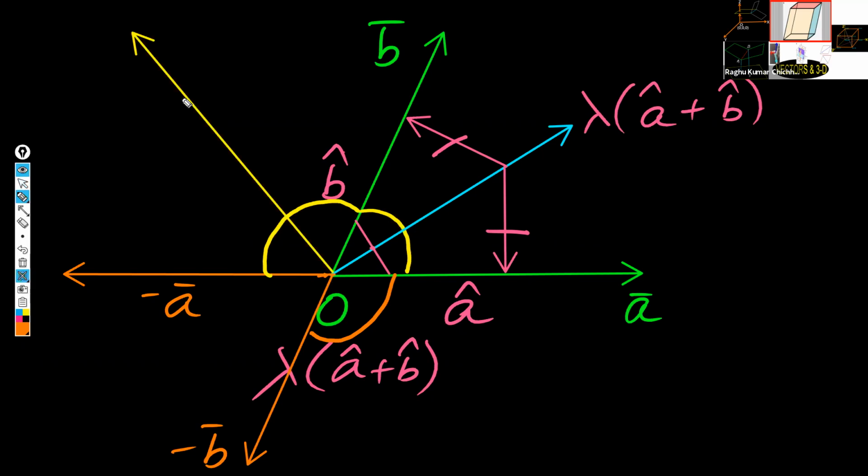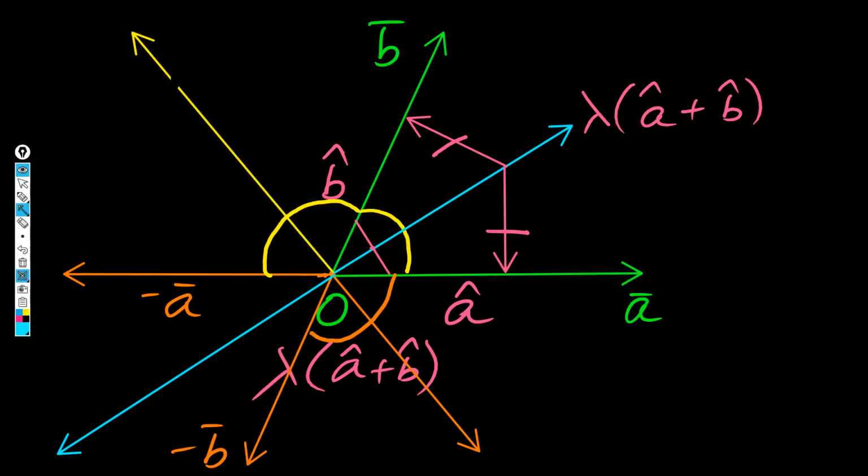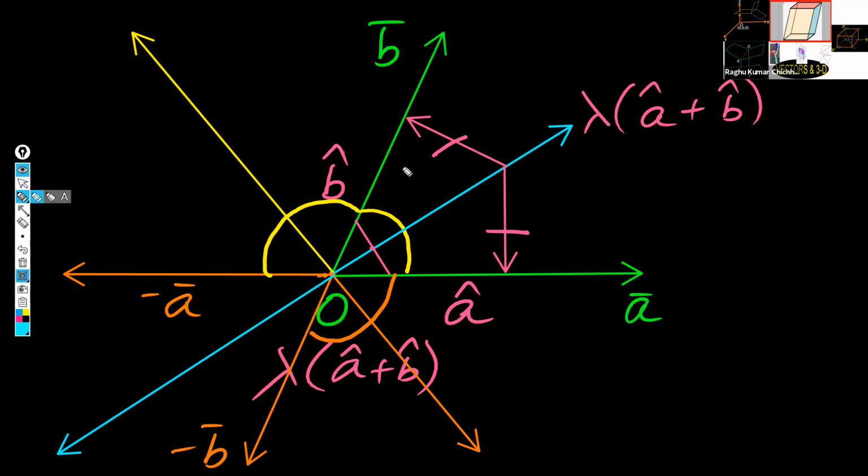So here, what happens now in this case? Either this or this. It will be taken in the extended form like this. Similarly, it can also be taken in this direction. Now, tell me how to write this yellow color external angular bisector in terms of A bar, B bar.